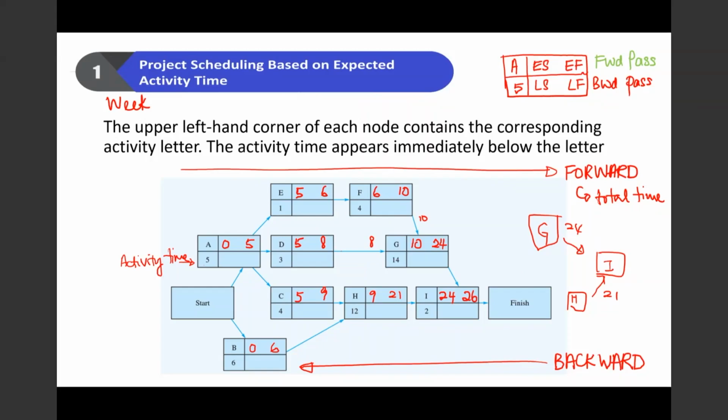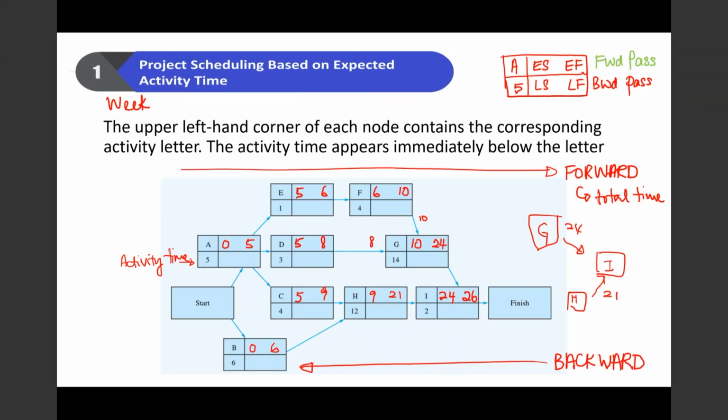Okay, so here we can see that this particular project will be completed within 26 weeks. By week 26, it will be completed. But we want to find out which activity is critical and which activity is not critical.